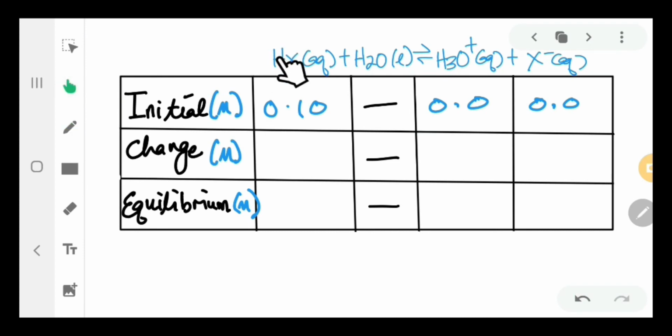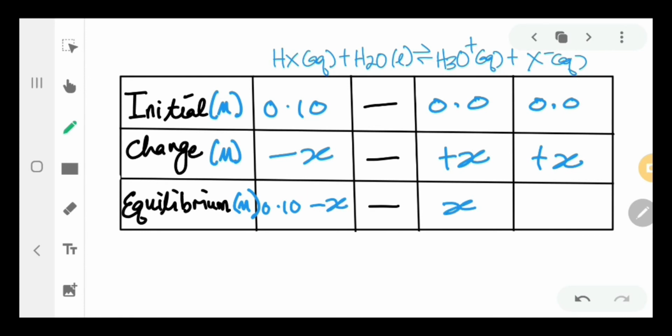Change: negative x, plus x, plus x. Equilibrium: 0.10 minus x. This one is x, that one is x. For this, you're going to get 1 mark. This one, you're going to get 1 mark. This one, you're also going to get 1 mark.